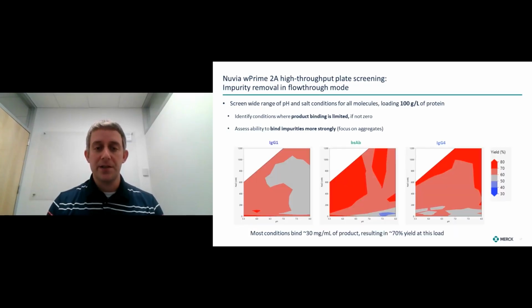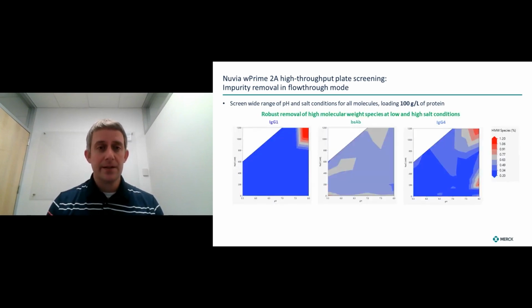So if we look across all 3 molecules, again at the 100 grams per liter load, we're binding maybe 20 to 30 mg per mL of product across a lot of this space. That translates to roughly 70 to 80% yield, so not excessive product binding to these resins.